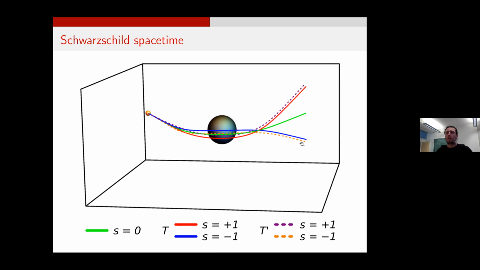This is basically a generalization of the Wigner translation that one sees in Minkowski to the case of curved spacetime. While in Minkowski I was able to say that the displacement is always limited to one wavelength, here in Schwarzschild I'm doing a numerical simulation, and at the moment I'm not able to say analytically that the displacement is still limited to one wavelength, but this seems to be the case nonetheless.